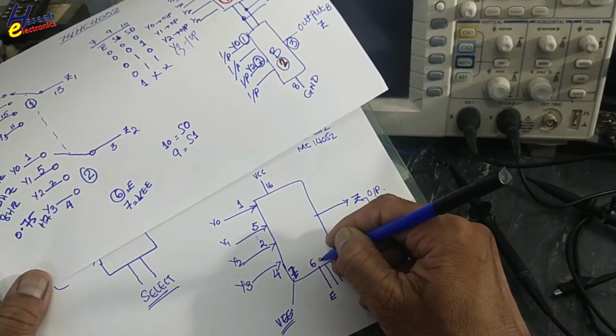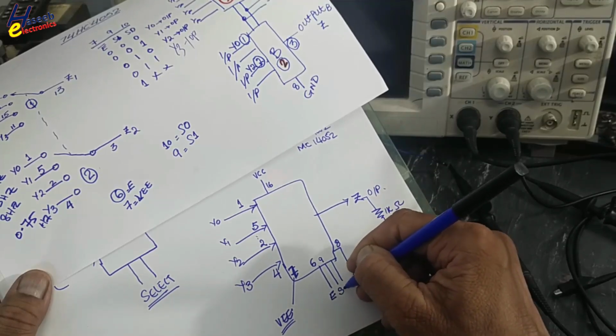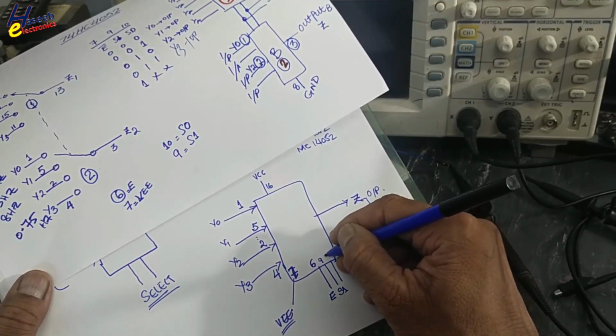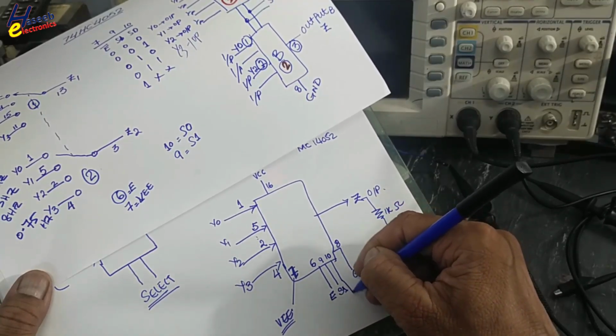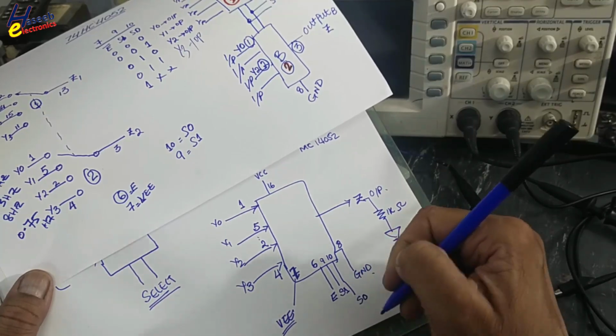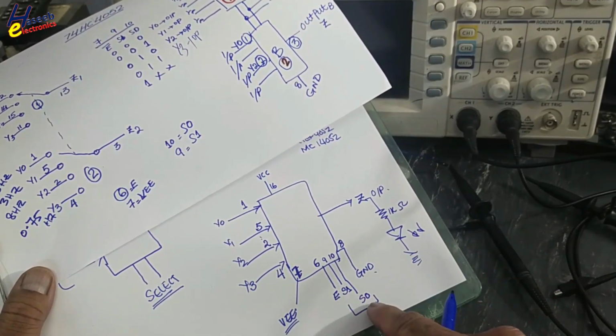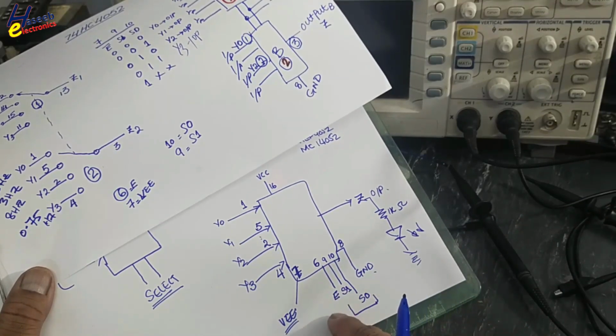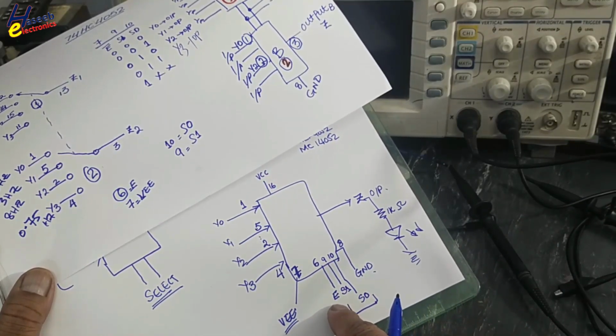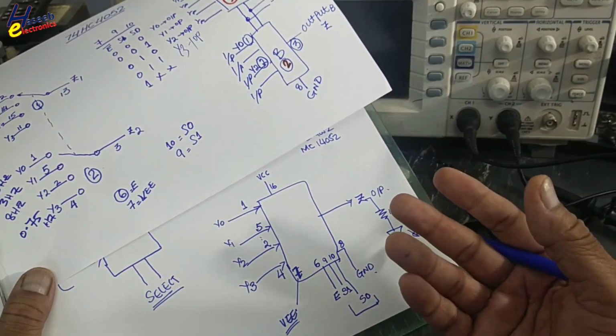Pin number 9 is S1, pin number 10 is S0. These are 2 binary inputs, S1, S0, LSB, MSB, and this is the enable pin. Enable works as a chip select.